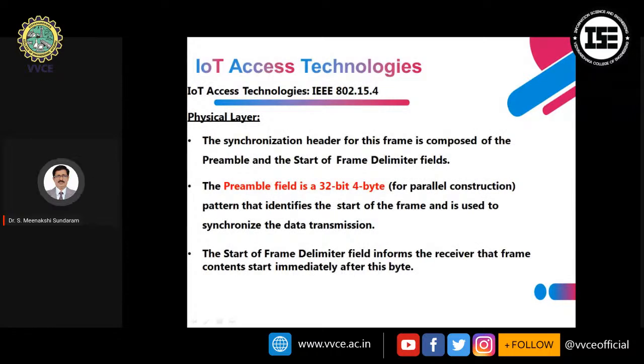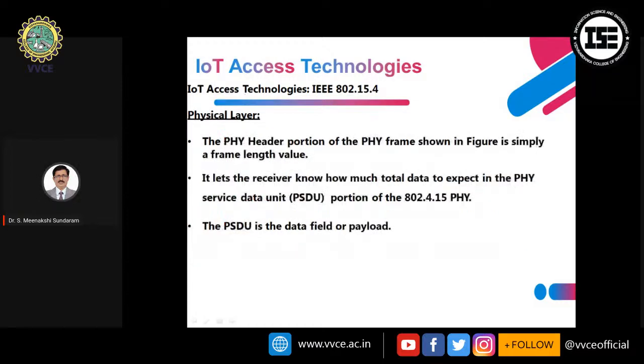The synchronization header for this frame is composed of the preamble and the start of frame delimiter fields. The preamble field is a 32-bit, 4-byte pattern that identifies the start of the frame and is used to synchronize the data transmission. The start of frame delimiter field informs the receiver that the frame contents start immediately after this byte.